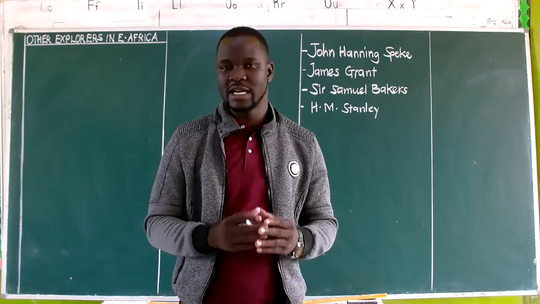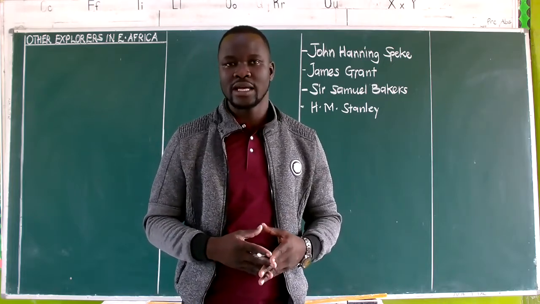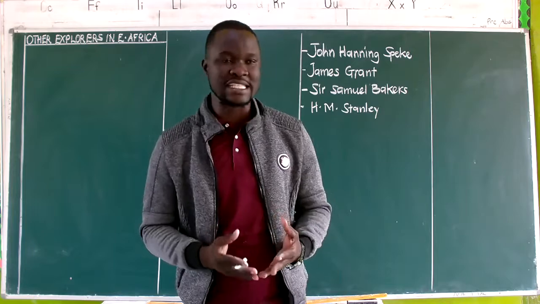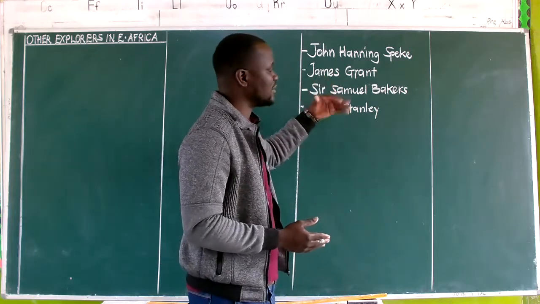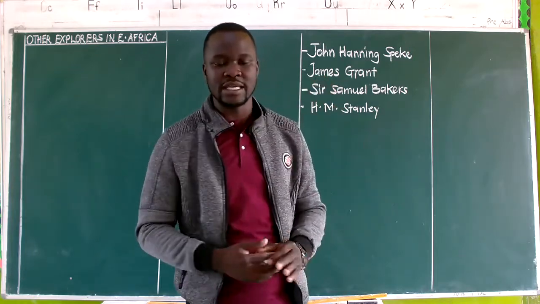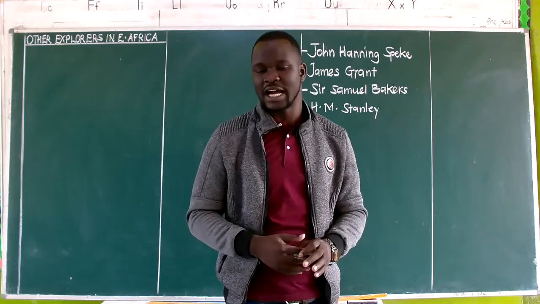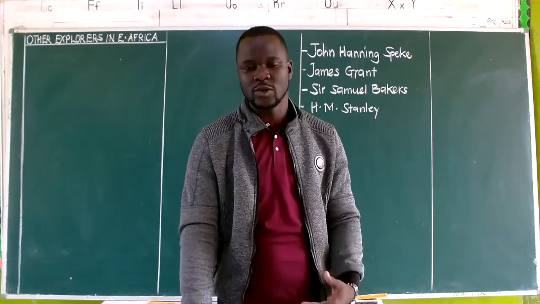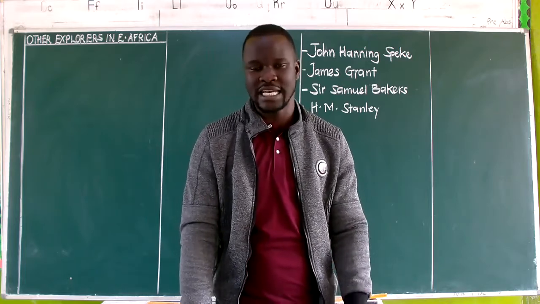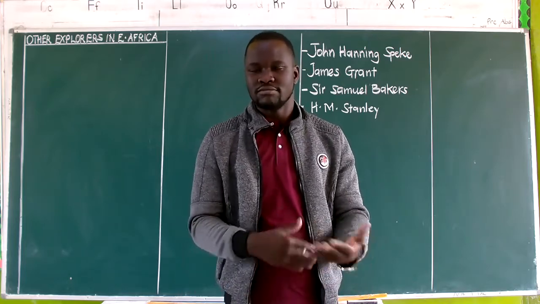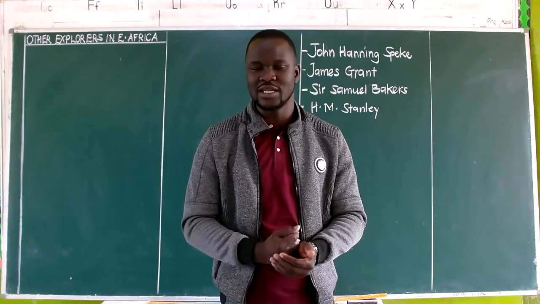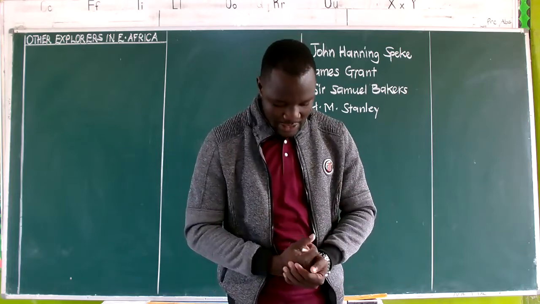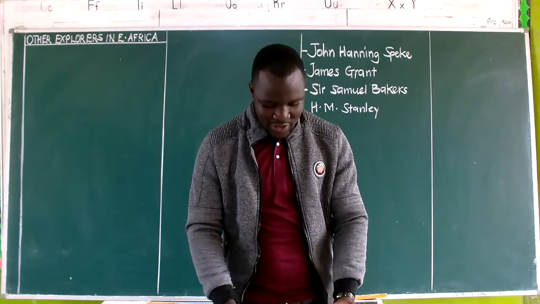And it is from that Karagwe Kingdom that James Grant also fell sick and was unable to continue. And we had Speke continuing to move, and we say that he then became the first European explorer to cross the borders of Uganda, that is entering Uganda. So that is what we understood in our Primary 5 class.